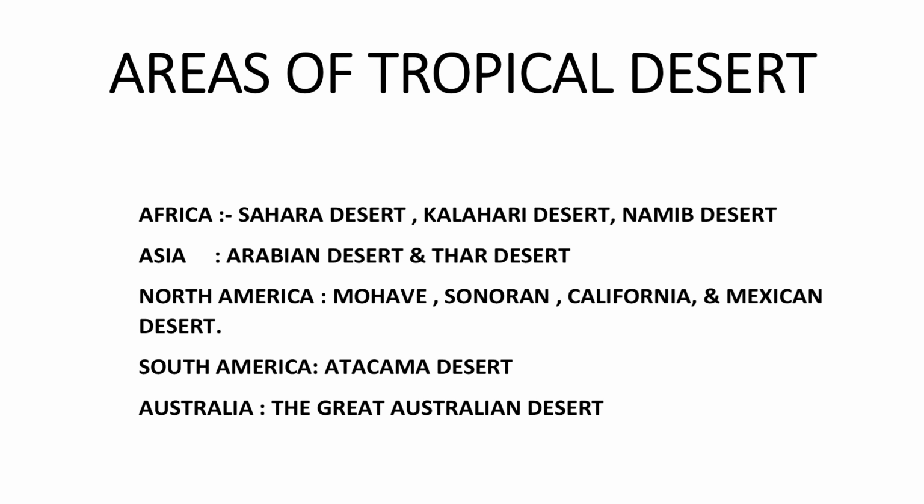In Asia, they are found in the Arabian Desert, Arabia, and the Thar Desert, which is in India. In North America, they are known as Mojave and Sonoran, found in the area of California and the Mexican deserts also. In South America, it is the Atacama Desert. In Australia, the Great Australian Desert.